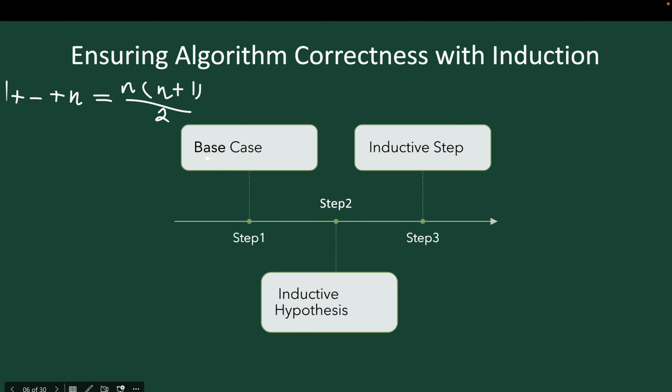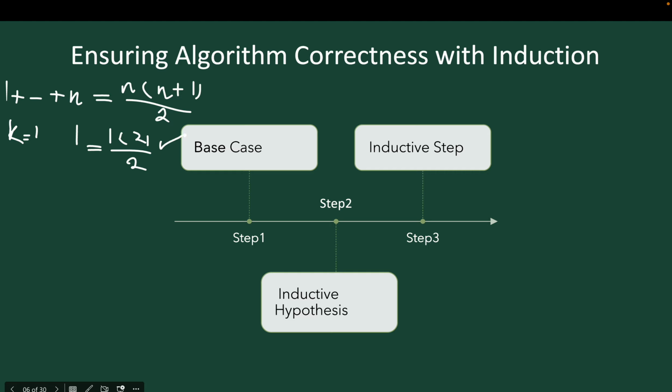First of all, we have the base case. In the base case, we must examine whether the formula holds for one input or two inputs. Just consider that k is equal to 1. Then the left side of the formula will be 1, and the right side of the formula will be 1 multiplied by 2, divided by 2. You can see it's obvious that the equality holds.